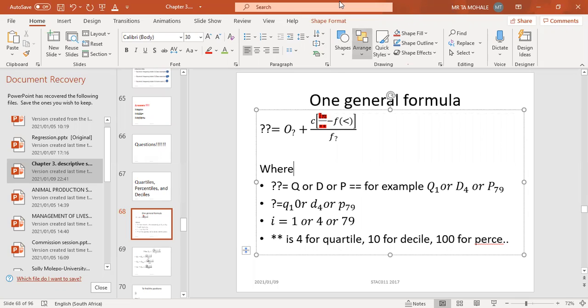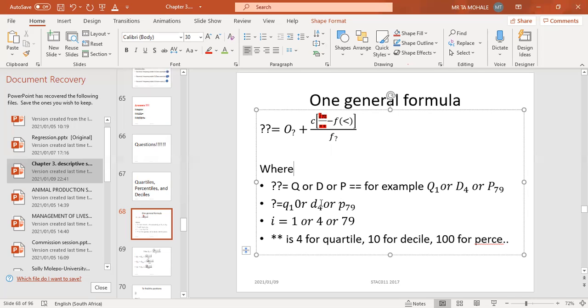Sorry. You have realized your mistake, right? It's 1N over 4. The reason we are dividing by 4 is because quartiles add up to 4. Quart is 4. So it's 1N over 4, because it is just the value of what you are calculating.